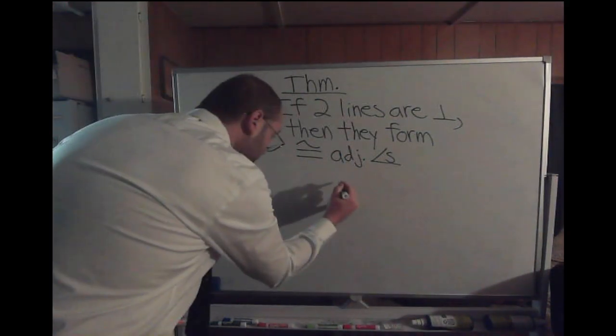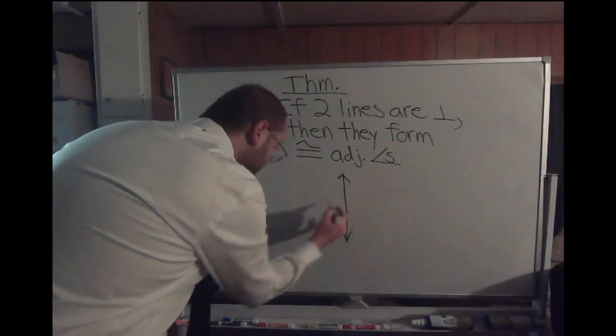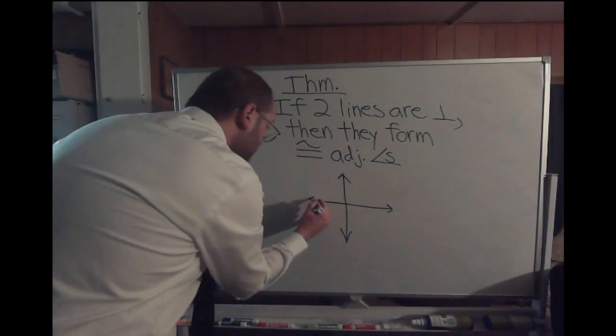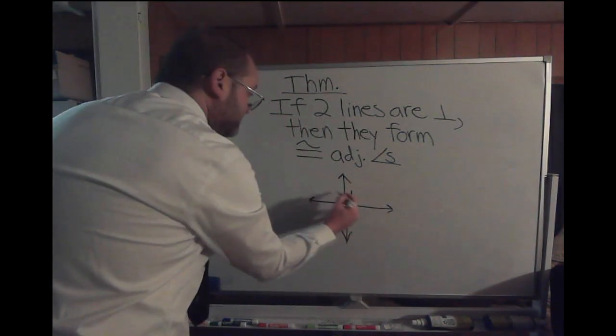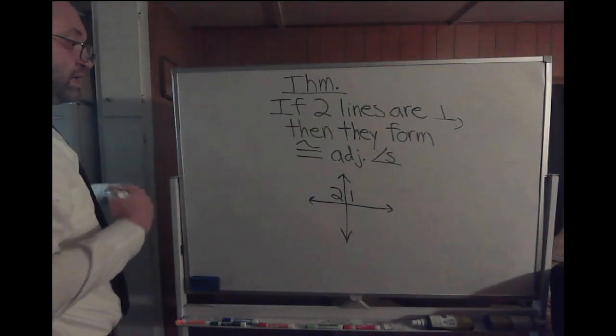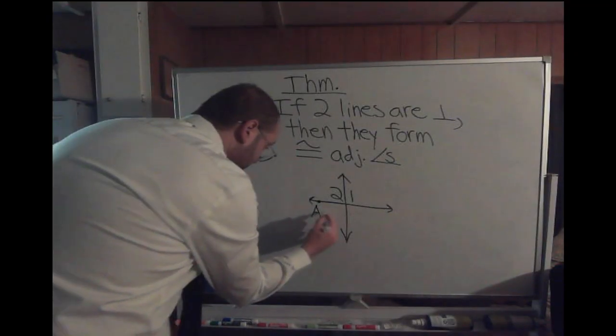So again, let me draw perpendicular lines here. It doesn't gotta be anything fancy. I'll only deal with two angles this time. I think that should be sufficient. We'll call this line AB.